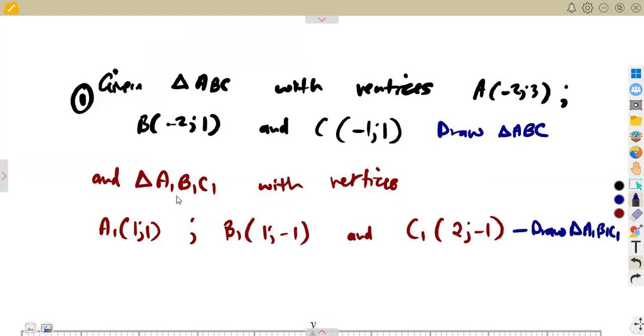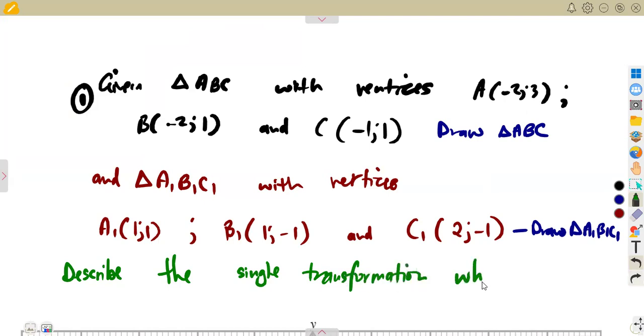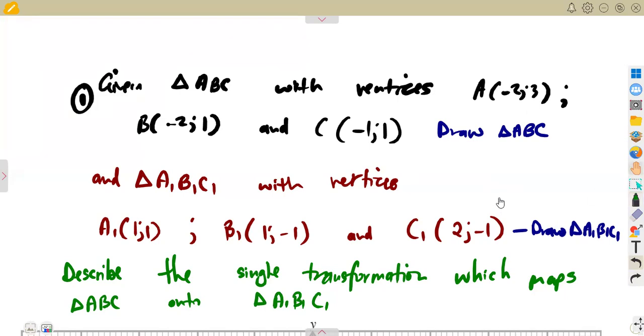After that, the question is: describe the single transformation which maps triangle ABC onto triangle A1, B1, C1. Okay, so guys, this is it.